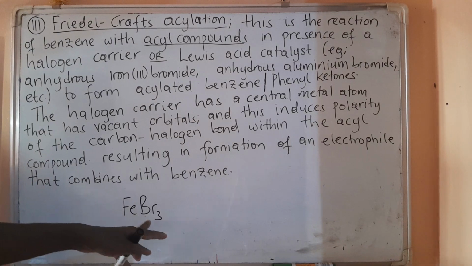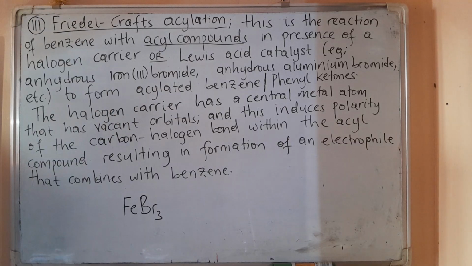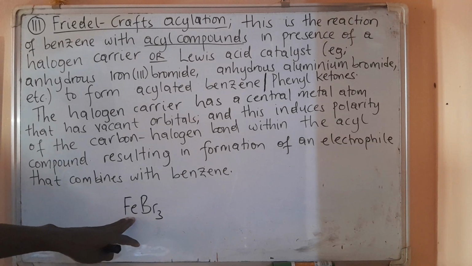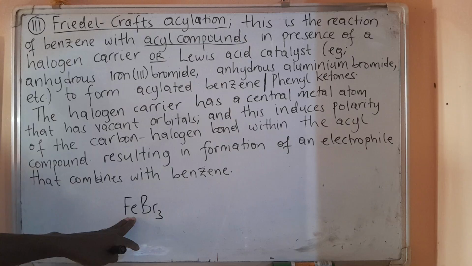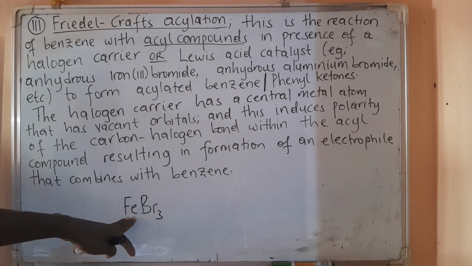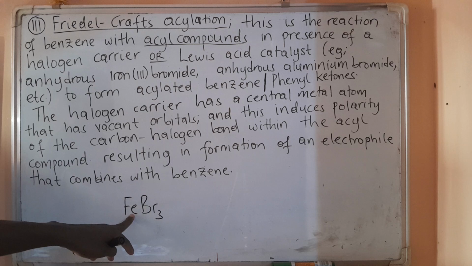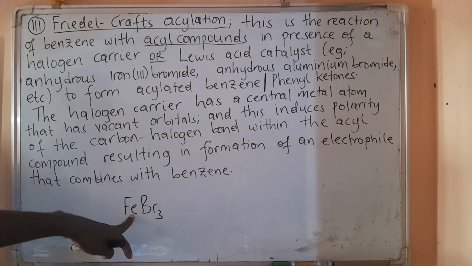After combining with bromine, it has used some of its electrons, so we shall form vacant orbitals. Orbitals that were originally occupied by electrons are now vacant after bonding with bromine. Since it has vacant orbitals, those vacant orbitals can attract lone pairs of electrons.